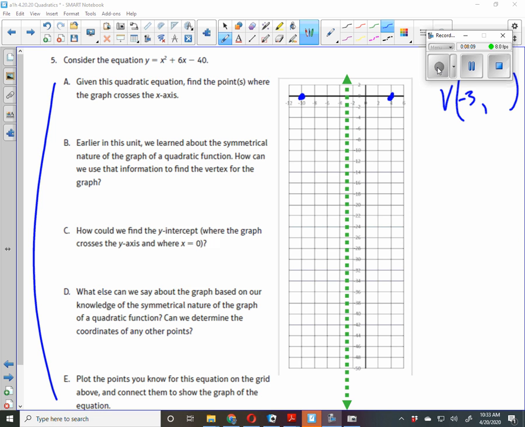Now I know that my vertex, I can plug this in and say f of -3 is equal to, and I could plug things in. -3 squared is 9, minus 6 times -3 is -18, minus 40. So I end up with 27 minus 40 should be -13.